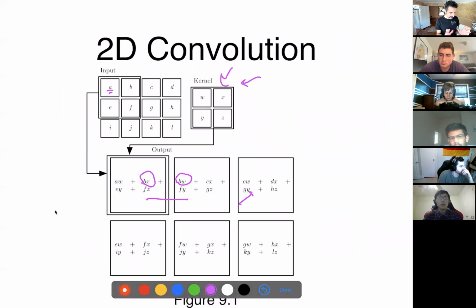The kernel has a small size and we just slide it. Sharing means this thing slides over the input, and that's how sharing happens.